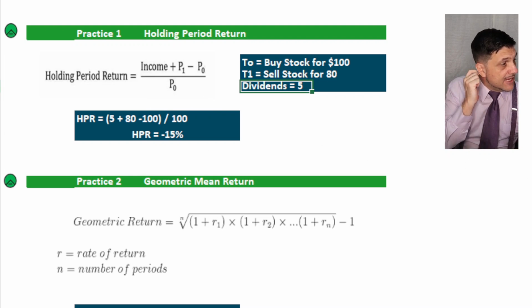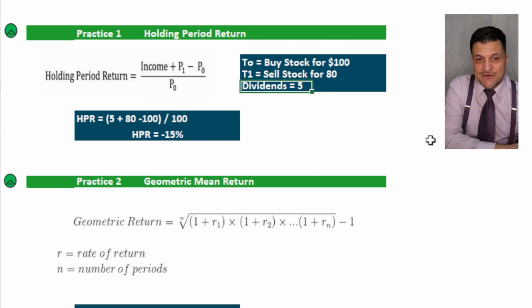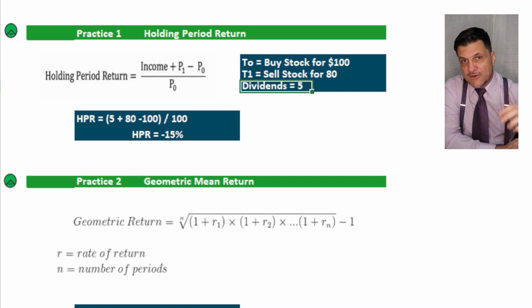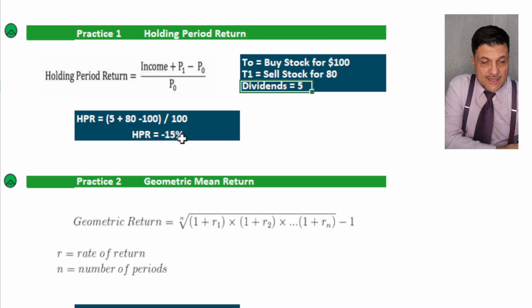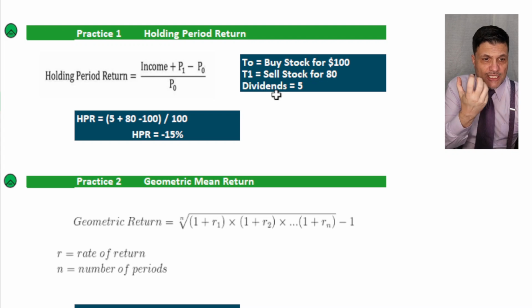That would say that your average return was minus 3% per year. Could be, but not necessarily. Could be that you had a positive return in year 1, a super negative return in year 2, and in the end, you get a negative 15% in the period that you held that investment. But that's not telling you much, okay?